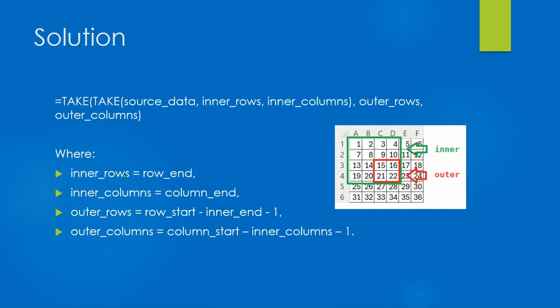However, for the outer take function, we have to calculate the number of rows and columns that we're going to take from the starting and the ending indices. We have to remember to subtract 1.